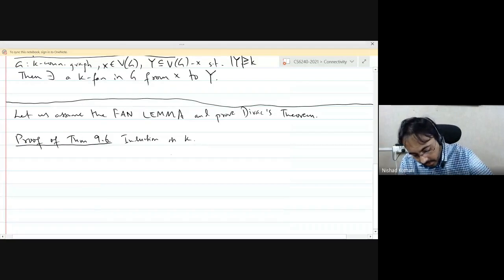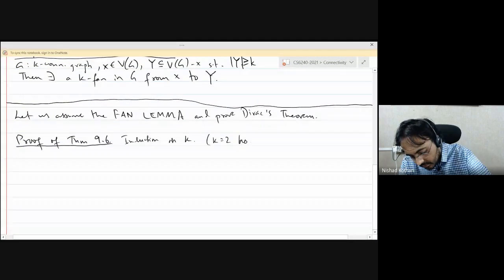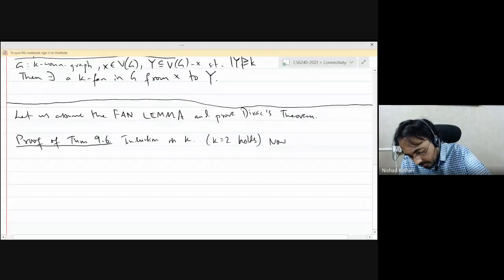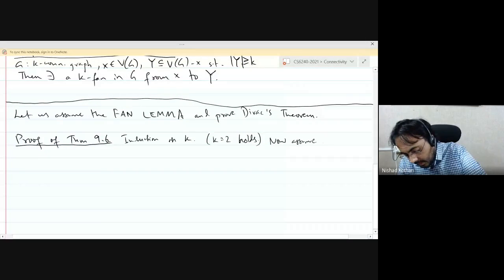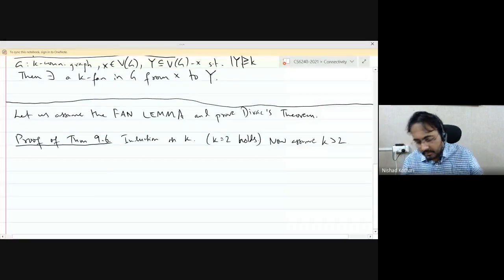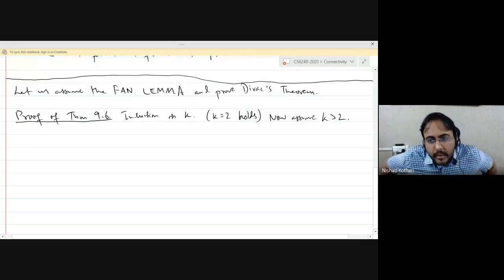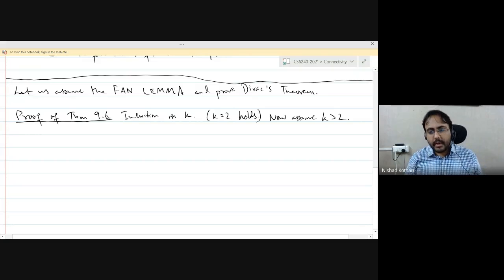Okay, so K equal to 2 holds by definition. Now assume K is greater than 2. For the sake of the proof, I'm going to fix the value of K so that it makes it easier to visualize things.